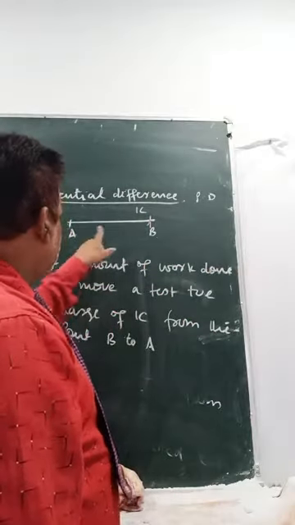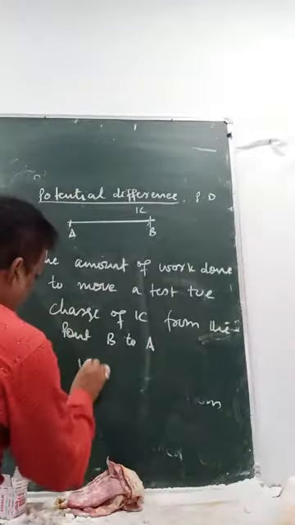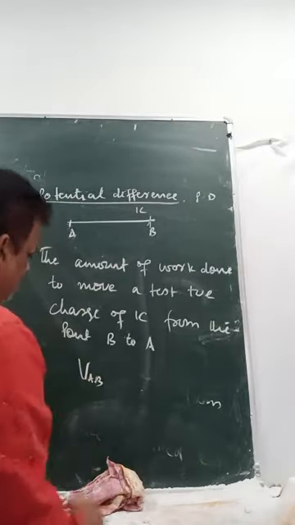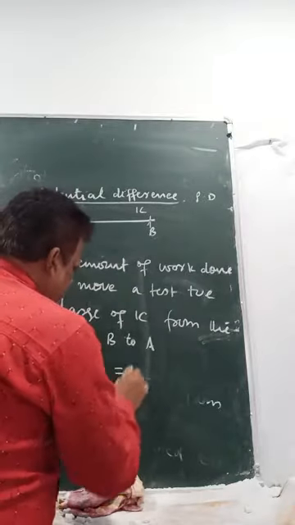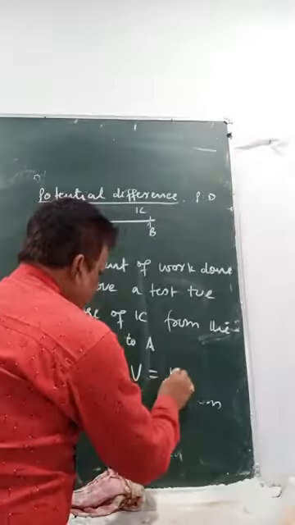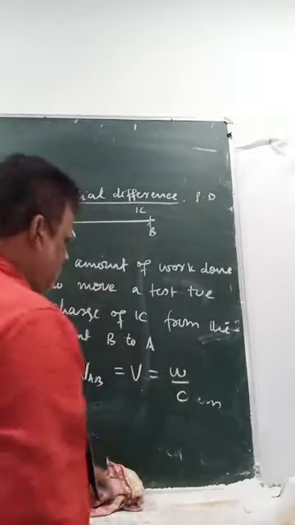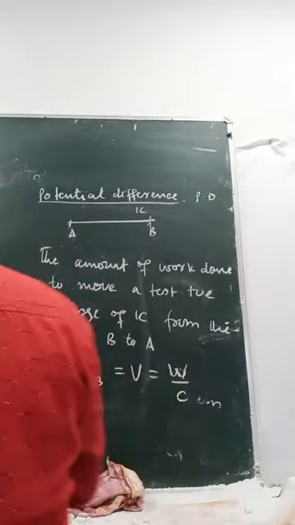That is the potential difference between these two points. You write VAB, the potential difference between A and B. The formula is the same: V equals work done by charge.